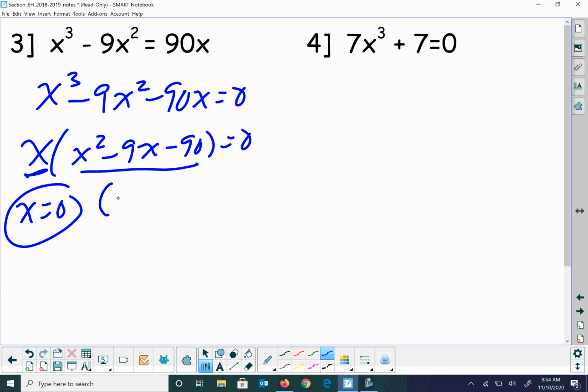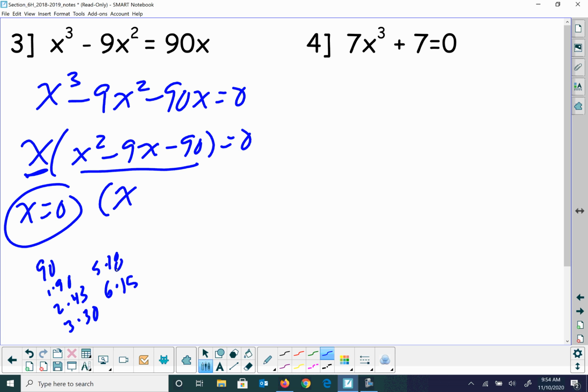This will factor to x, let's see, does that give me, see the factors of 90, 1 and 90, 2 and 45, 3 and 30, 4, 5 and 18, 6 and 15.